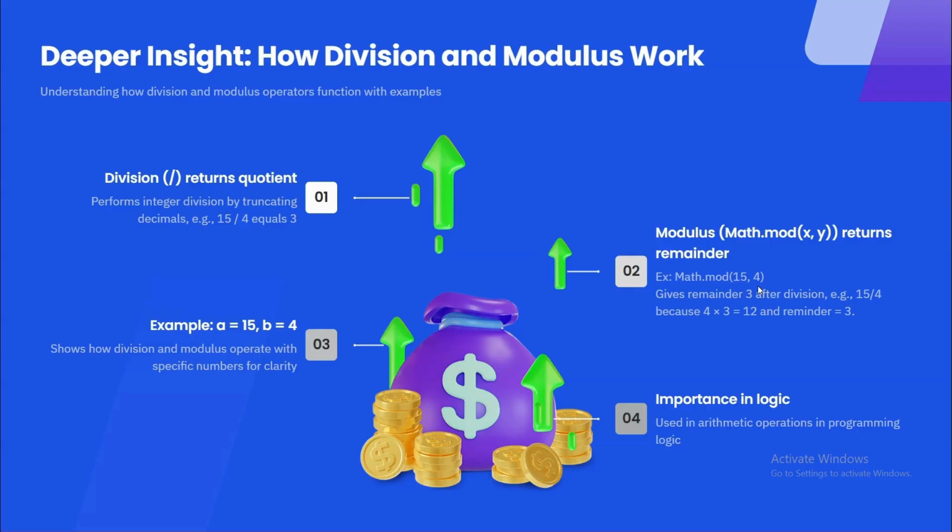If we take decimal data types, that is 15.0, 4.0, then it will throw an error. I also showed you on the developer console how the example works. We need to understand the working of division and modulus operations in Apex, because we are going to use them a lot in our future programming. Let me jump to the next slide.